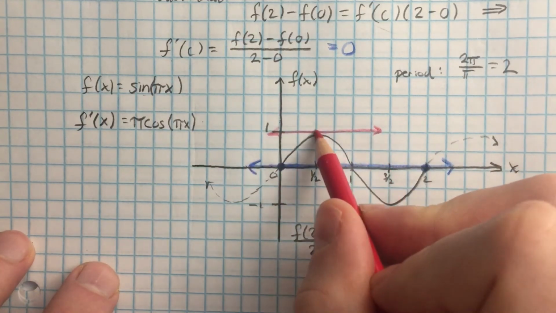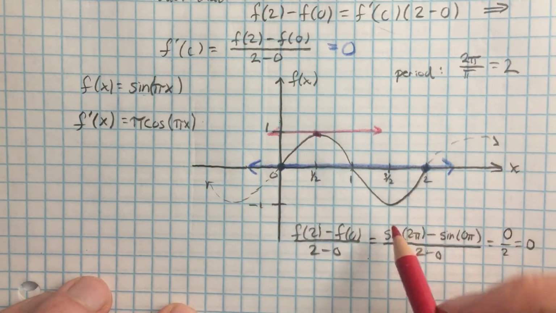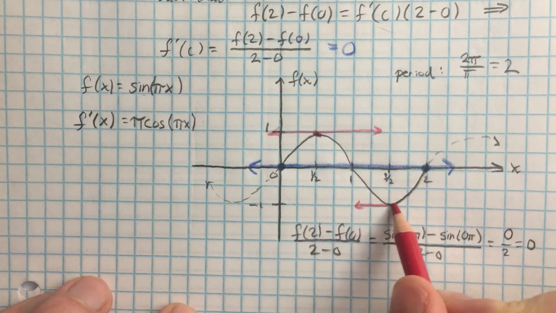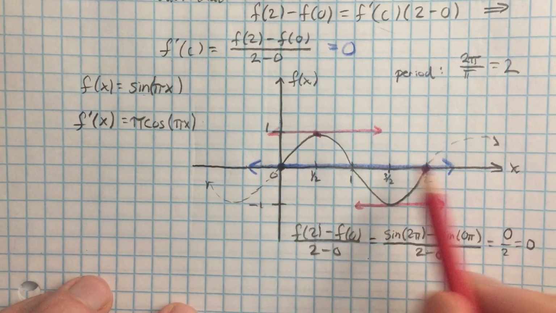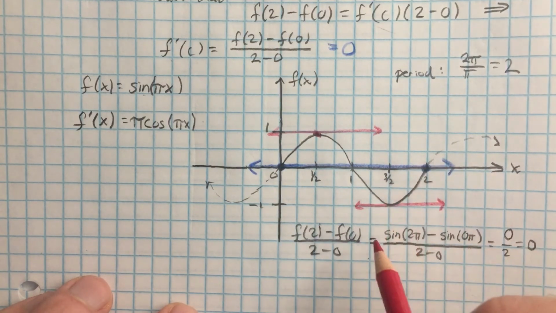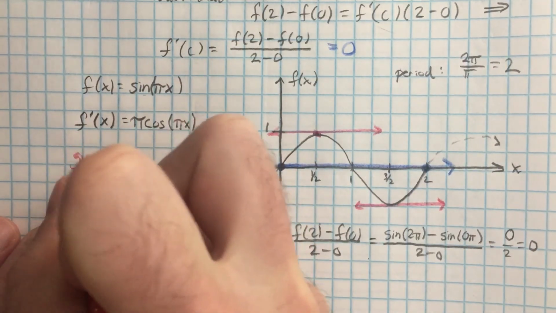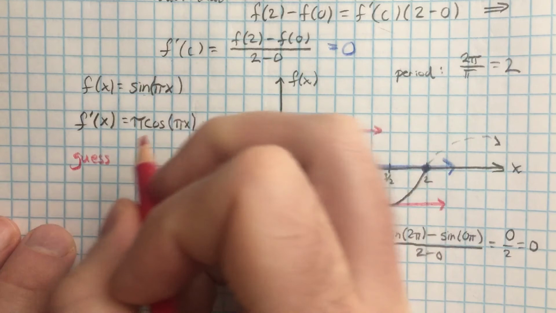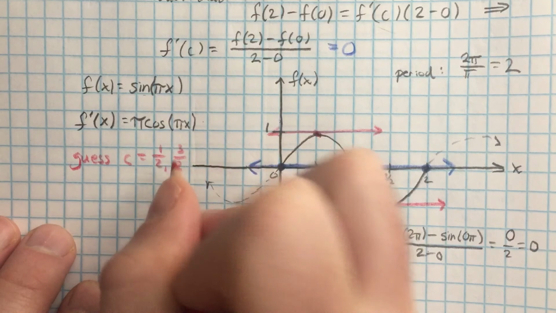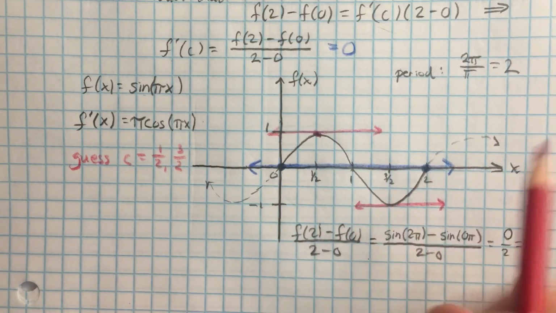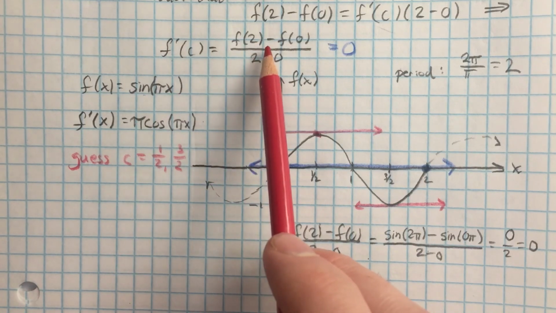Probably this peak here, we have a tangent line with slope 0, just like the secant. And also down here at this trough, we should have a tangent line of slope 0, just like the secant. So it looks like in the interval 0 to 2, there are two places, looks like 1/2 and 3/2, I guess, right? I guess c is 1/2 or 3/2. So it looks like there's two places in this particular context where the tangent line slope would be equal to the secant line slope.